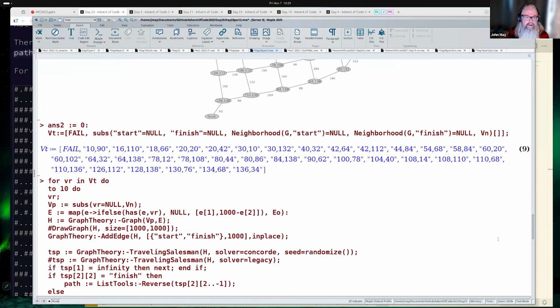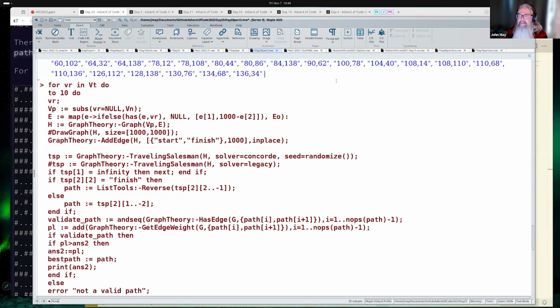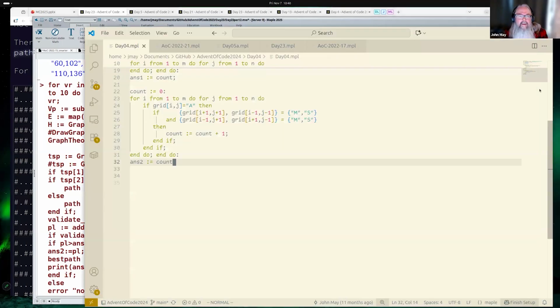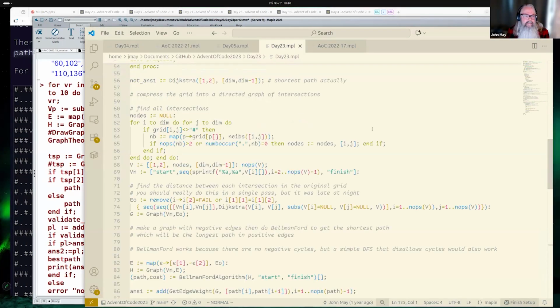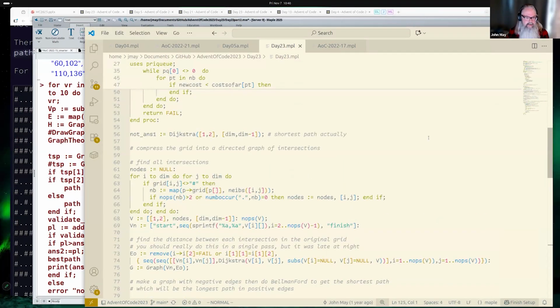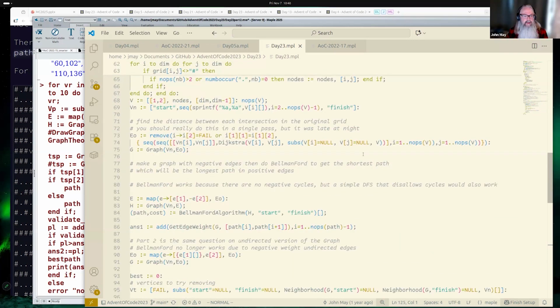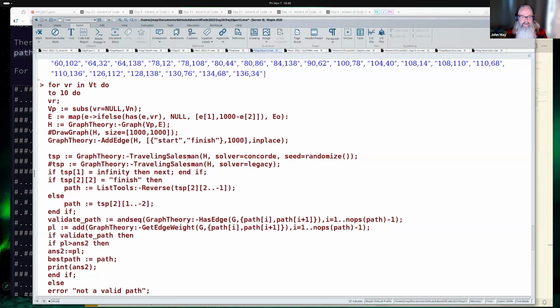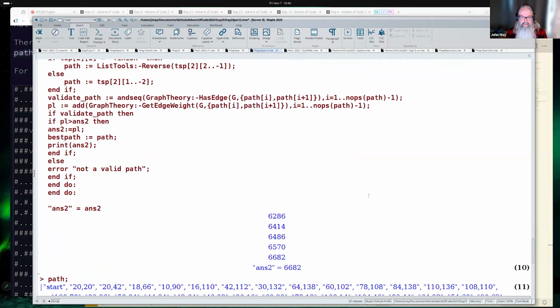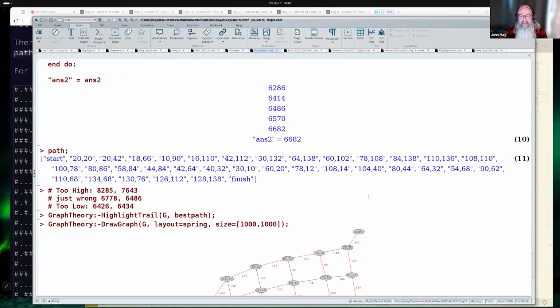Oh yeah, this is my part 2 worksheet. Oh yeah, here's my part 1. So I actually use my Dijkstra helper function here to compress that maze down into a relatively small graph. Right here.